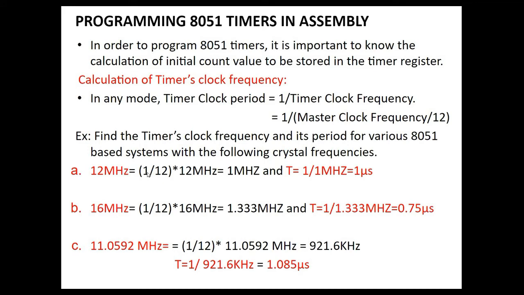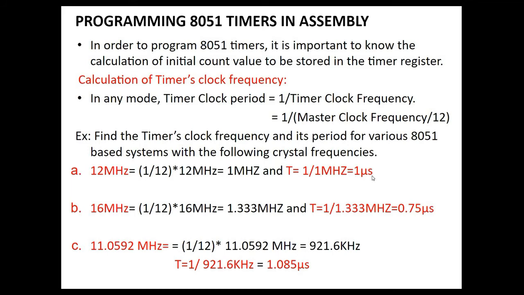Then first we do 1 divided by 12, into 12 megahertz, that is the master clock frequency divided by 12. So we get 1 megahertz, and if we want to find the time period we take the reciprocal of this frequency.